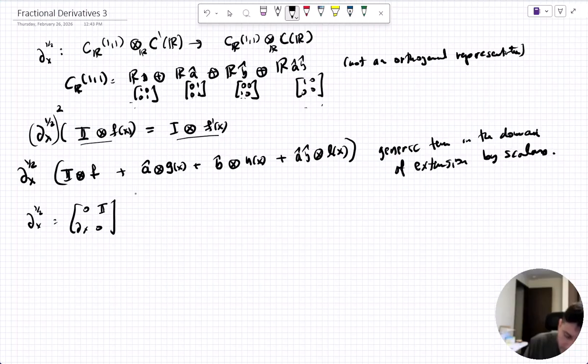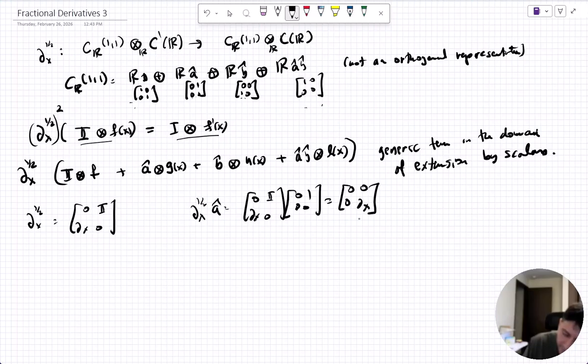So if we calculate the derivative operator A, you get 0, the identity, d/dx, 0, acting on 0, 1, 0, 0, from which we get 0, 0, right? Plus 0 plus the derivative here, basically.